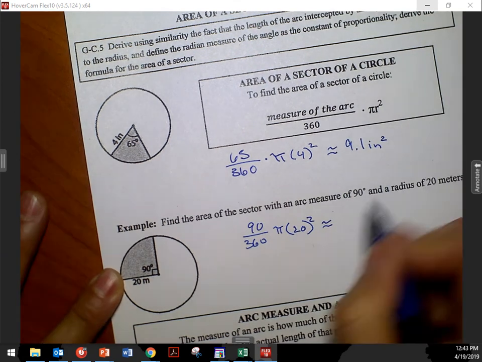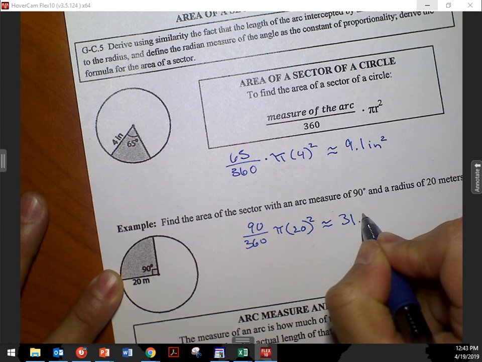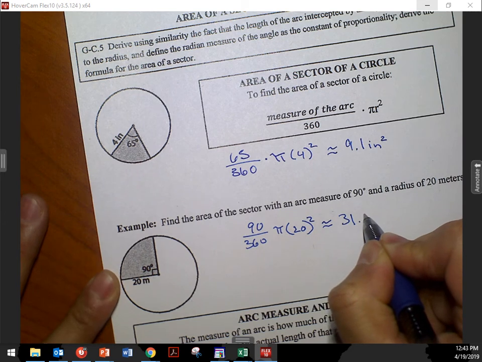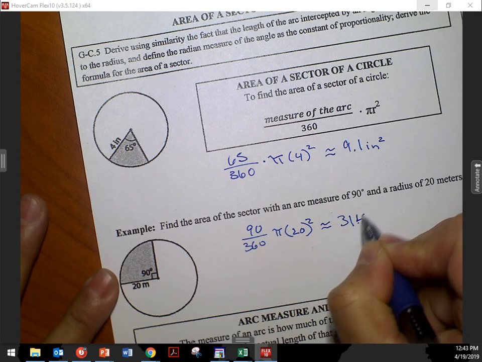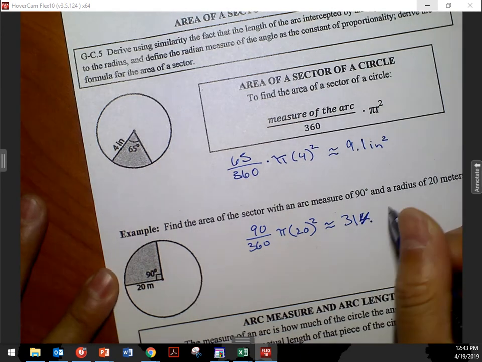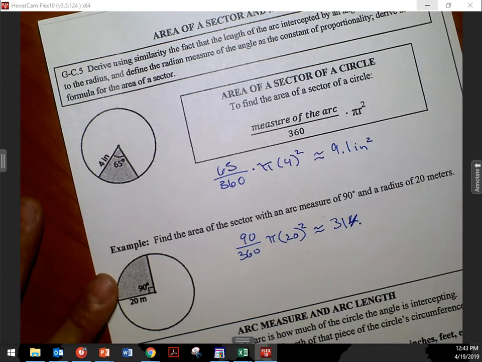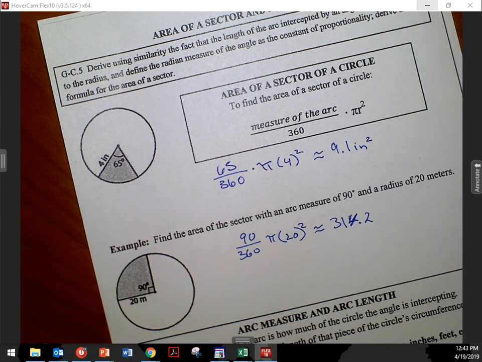Approximately what? 314. It's 314.1. 314 point what? I got 314.